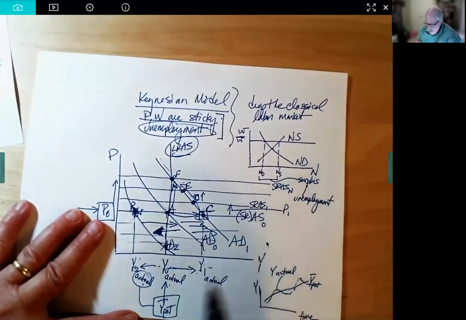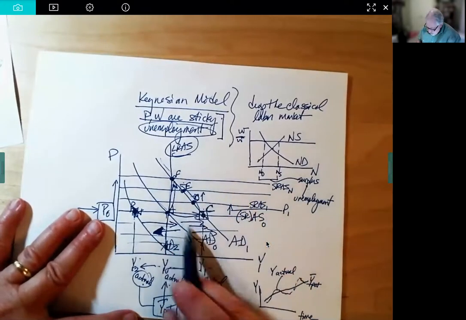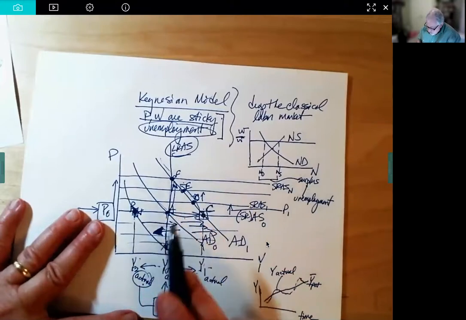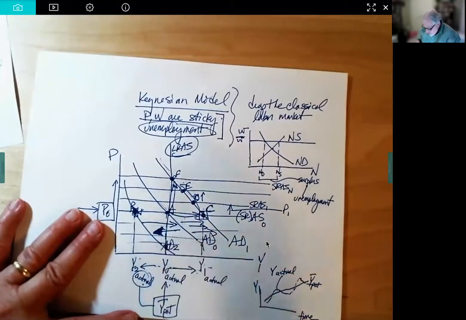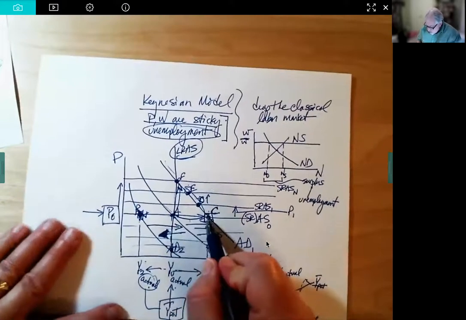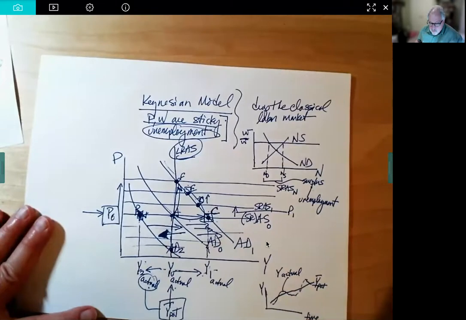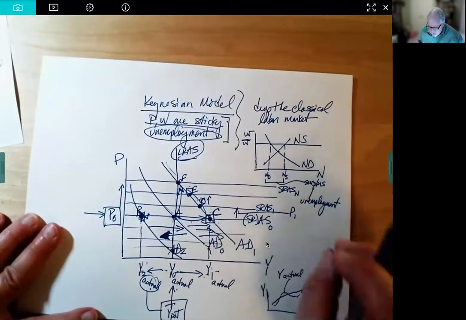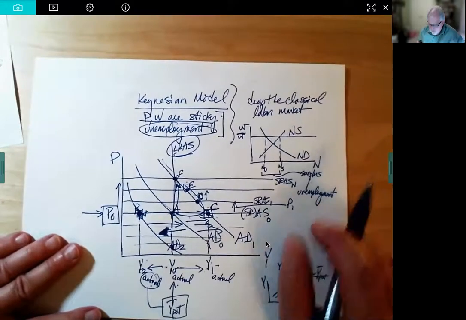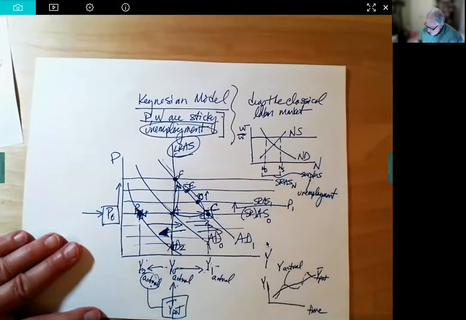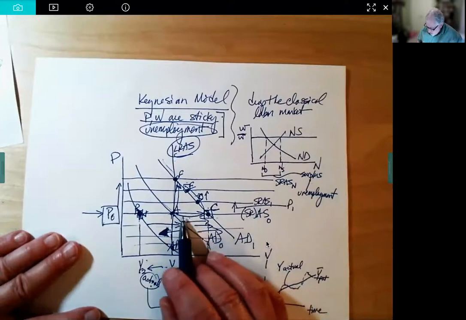And so the argument in the Keynesian model is that firms adjust how much they produce in response to changes in demand for their goods and services. And that's their first response. It's not to change the prices of their goods. That's what happens in the classical model. It's to change the production.